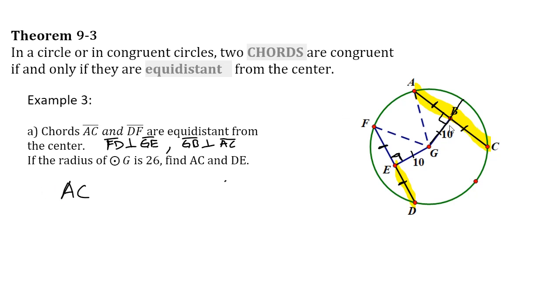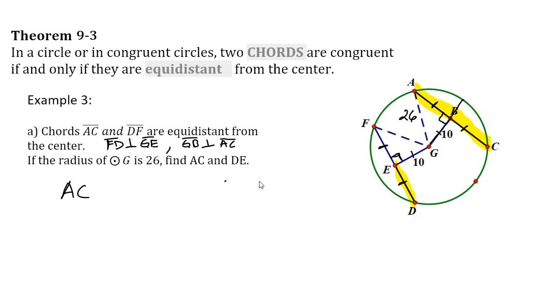So we have the radius is 26. So that means that AG is 26. So this means that the hypotenuse of this triangle over here is 26. I have one of the legs, which is 10. So this way I'll be able to figure out what is AB.